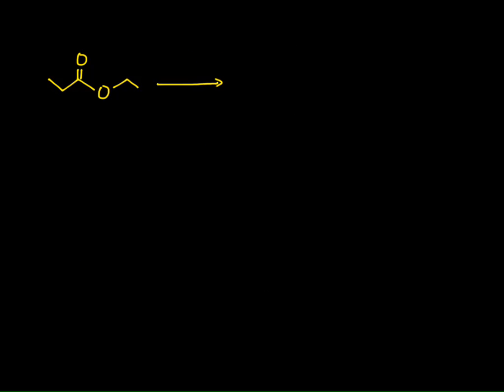So let's look at an example of this. Here we have an ethyl ester reacting with lithium aluminum hydride and THF, followed by an aqueous workup. And so we're going to reduce the carbonyl. We get an alcohol, and of course the ethyl alcohol also comes off.